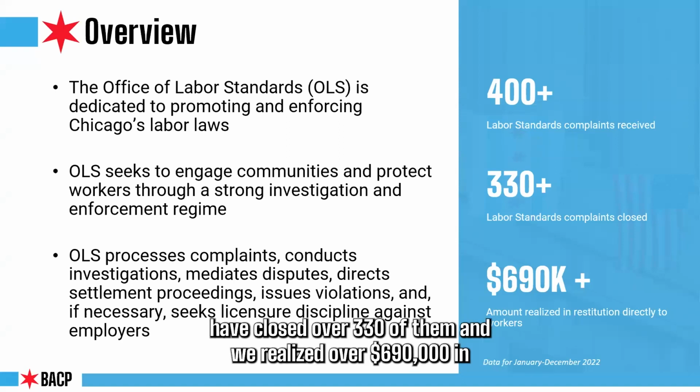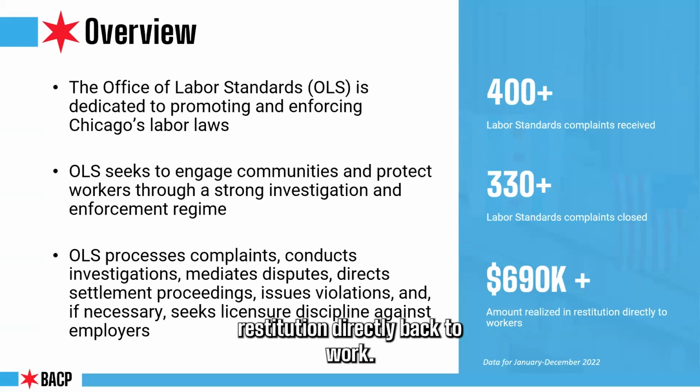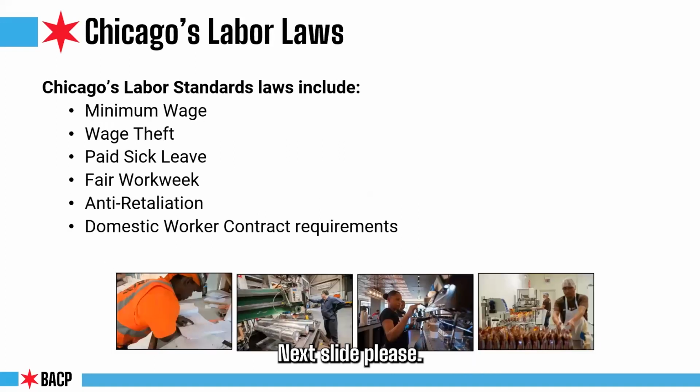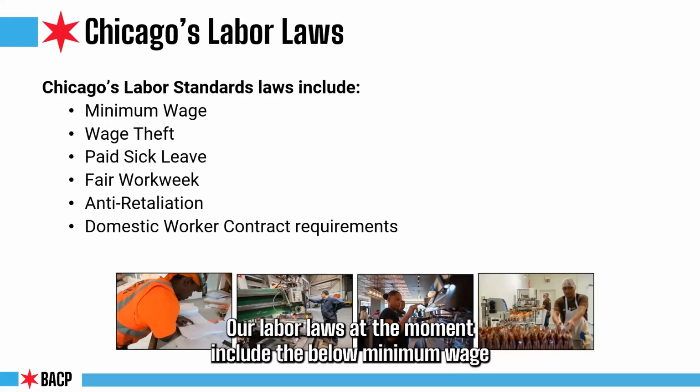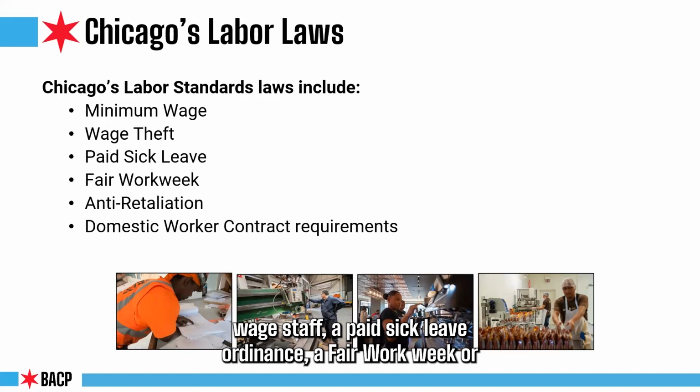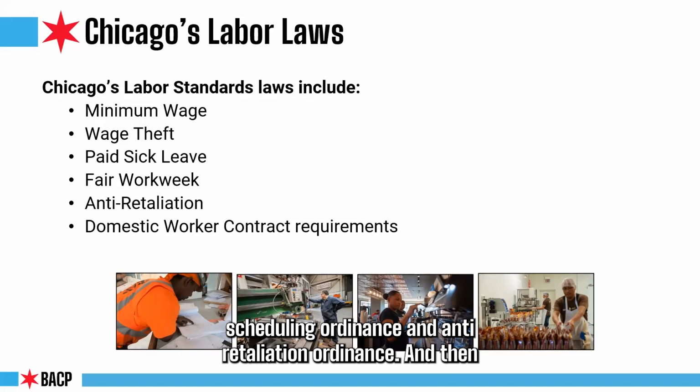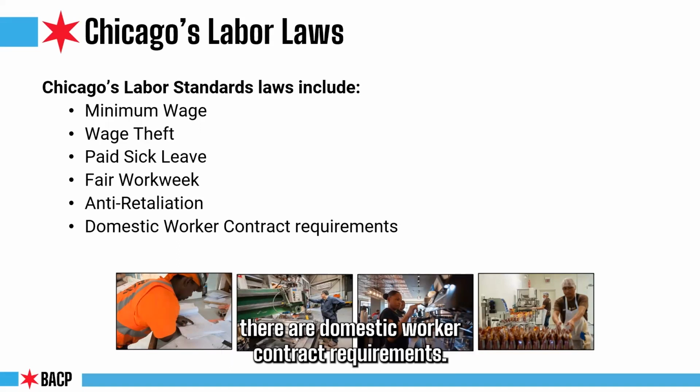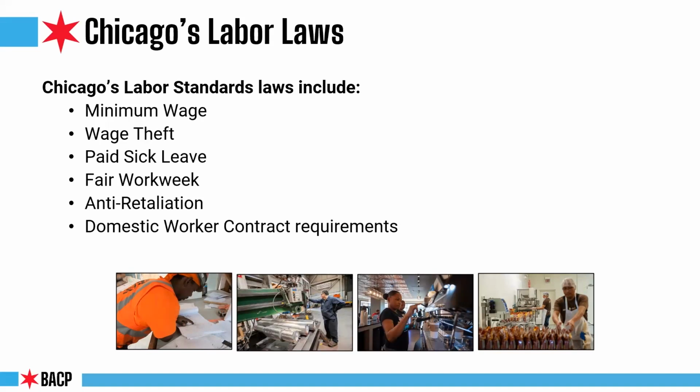We have closed over 330 of them, and we realized over $690,000 in restitution directly back to workers. Next slide, please. Our labor laws at the moment include the below: minimum wage theft, a paid sick leave ordinance, a fair work week or scheduling ordinance, an anti-retaliation ordinance, and then there are domestic worker contract requirements.